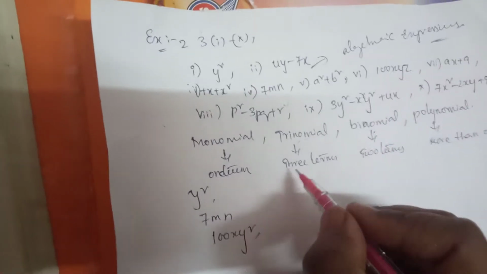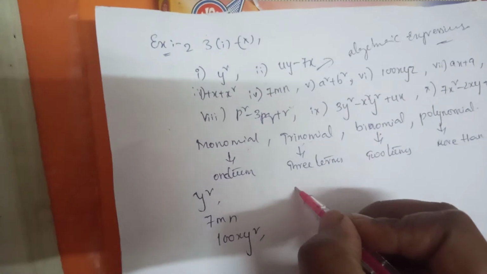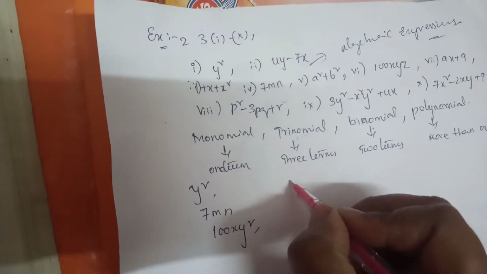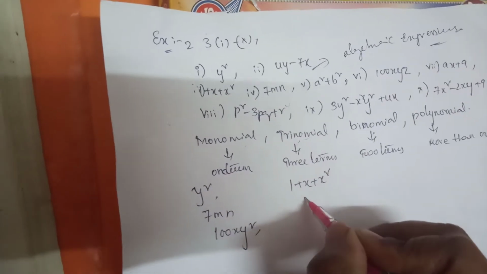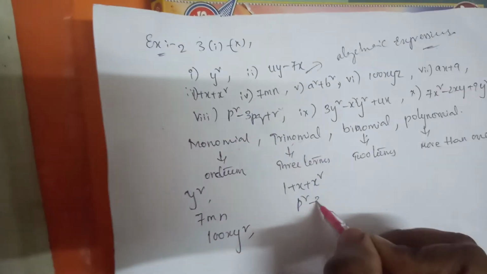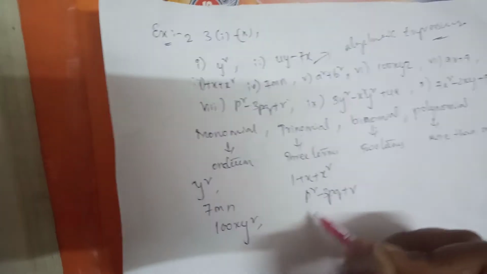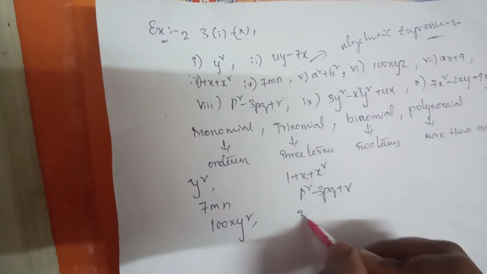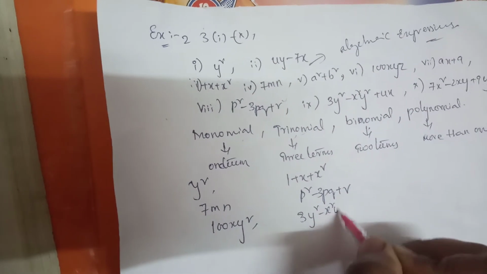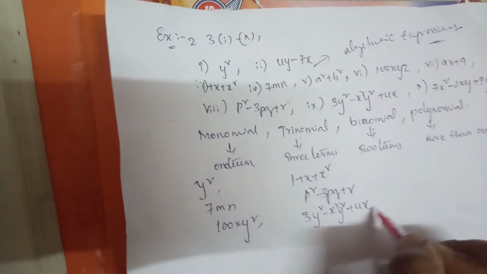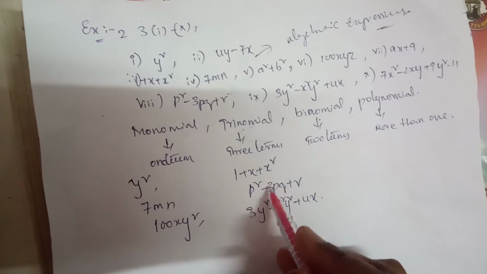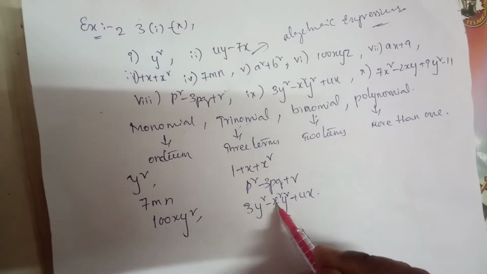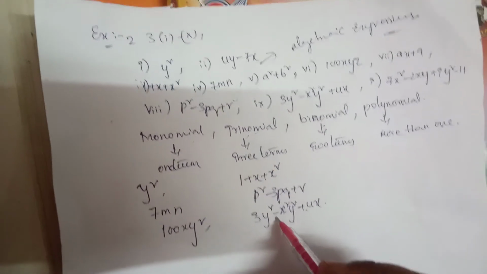And trinomials: 1 plus x square, p square minus 3pq plus r, and 3y square minus x square y square plus 4x. We can see 1, 2, 3 terms. Each and every expression has 3 terms, so it is called trinomial.